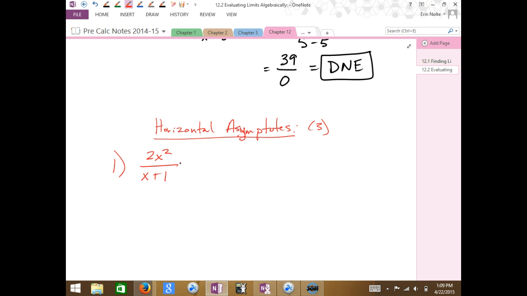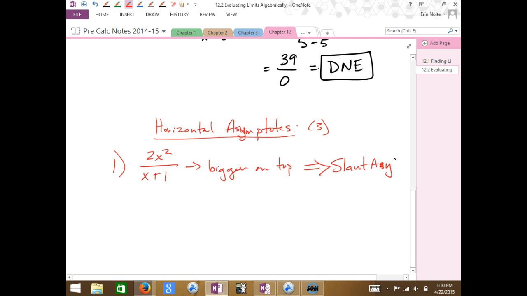On the top. If the exponent is bigger on top, then that is going to imply that there is a slant asymptote.